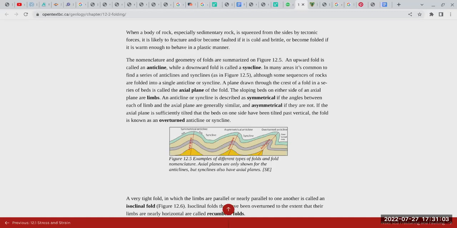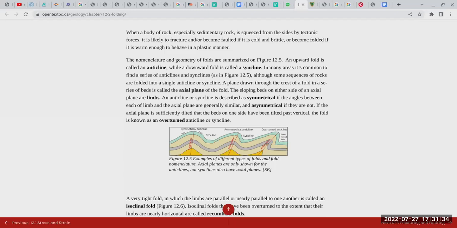So fault, fold, fracture. 3 F's. When does folding take place? If you have plate tectonics taking place and it is being squeezed from the side, if it is warm enough and behaves in a plastic manner, you're going to have folding.